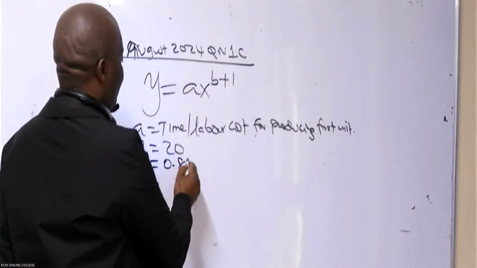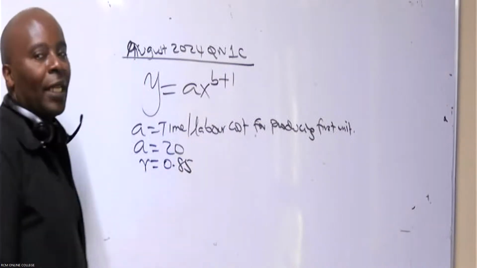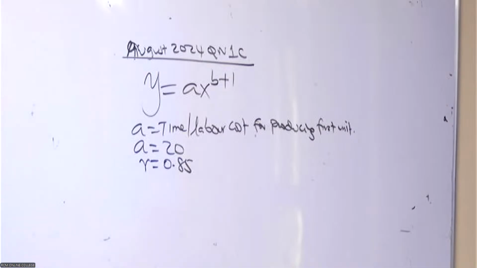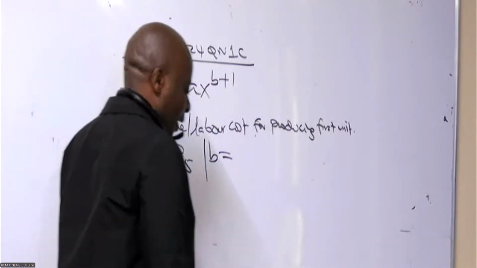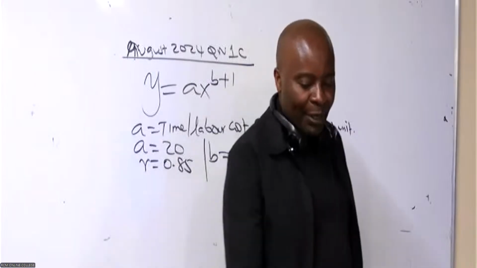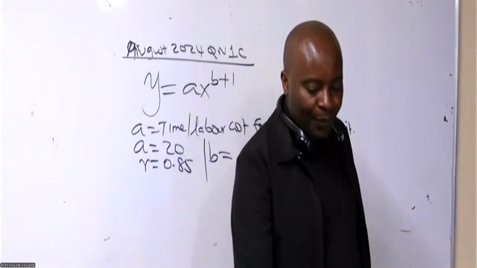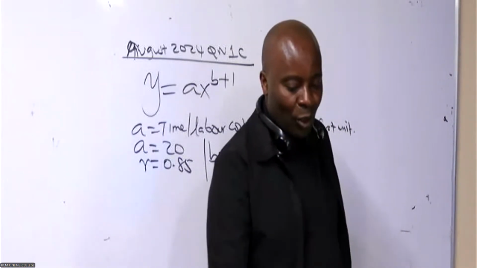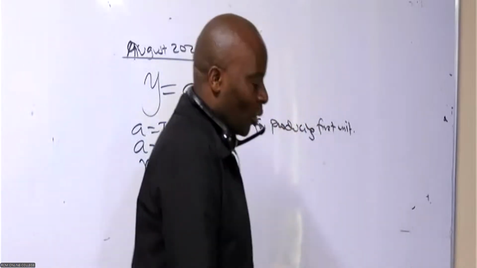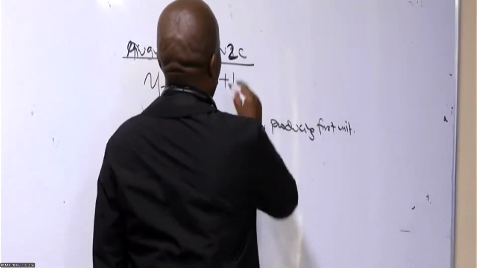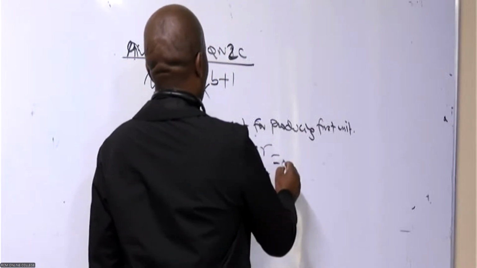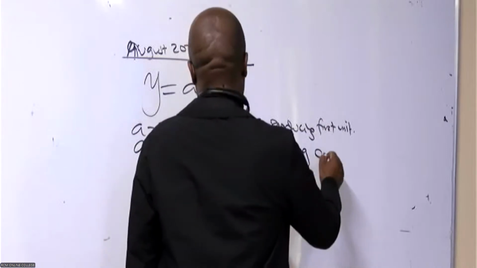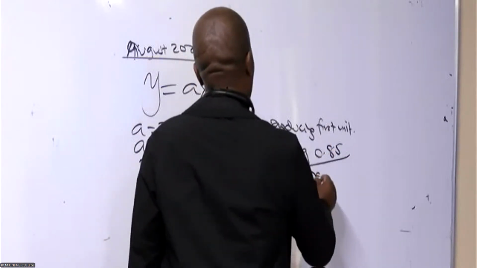They've told us R is 85%, the learning rate. And we know the formula for getting B. Are you able to remember the formula for getting B? B equals log R over log 2, which will be log 0.85 over log 2.